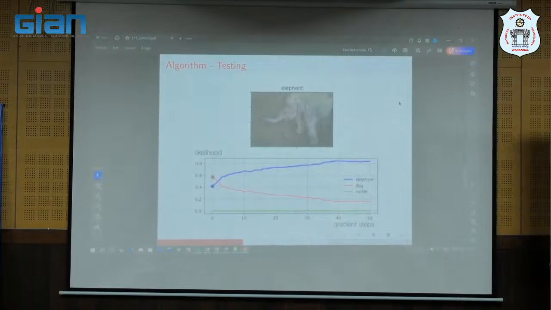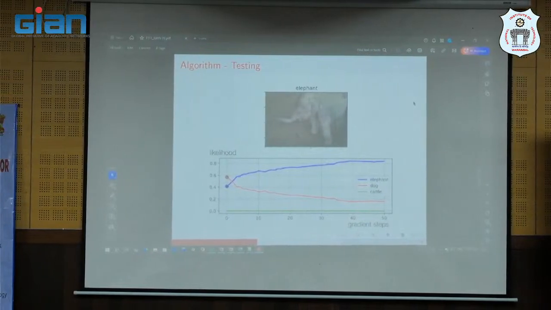At the 0th step, when we don't update any network parameters, it predicted it as dog. The likelihood of that class is higher at the 0th time step, and the likelihood of elephant is lower than dog. If the network is predicting it as dog, we will assign the label dog for this example.